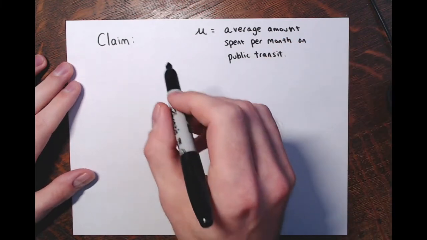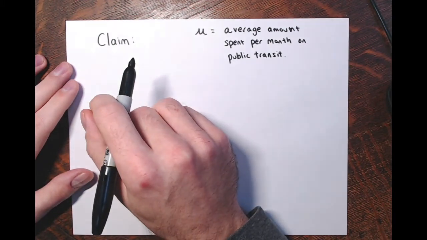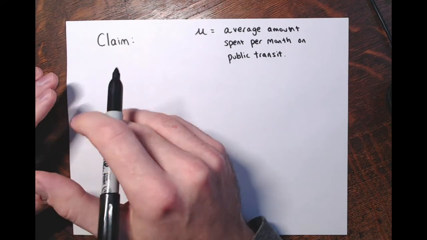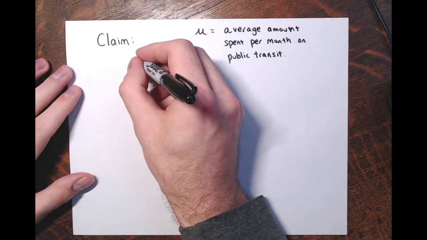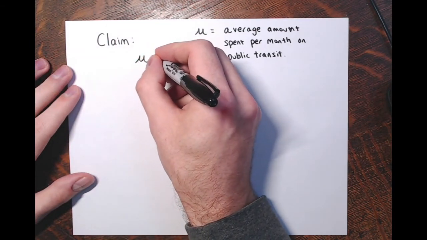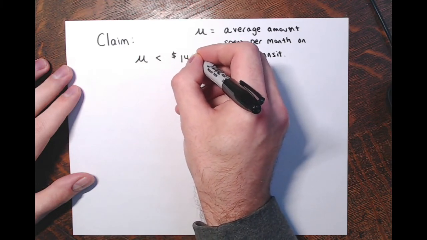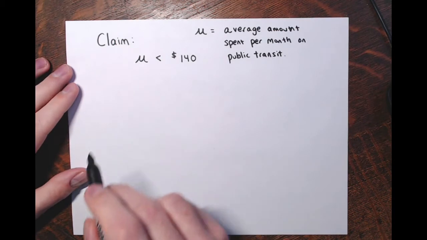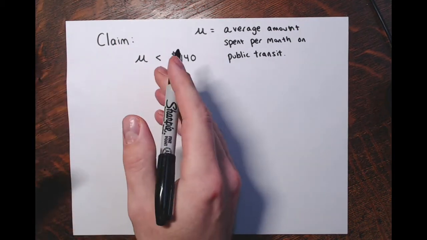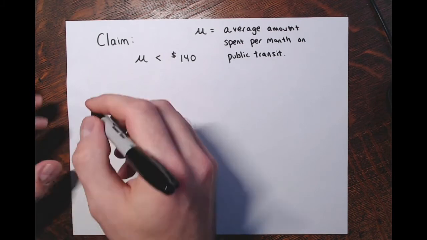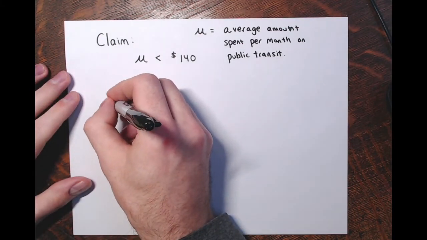Right. And the claim, she said she would like to make the claim that the average amount that residents spend per month on public transit fare is less than $140. Right, is less than. Then from the claim, once a claim is made about a population parameter, then the hypotheses are set up.